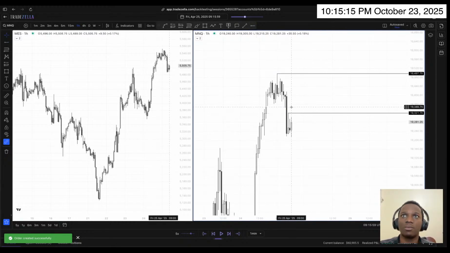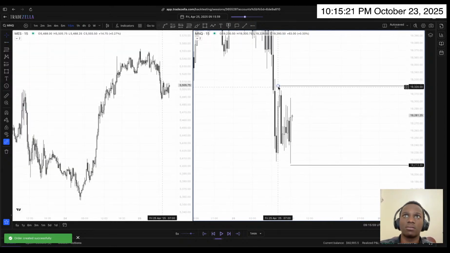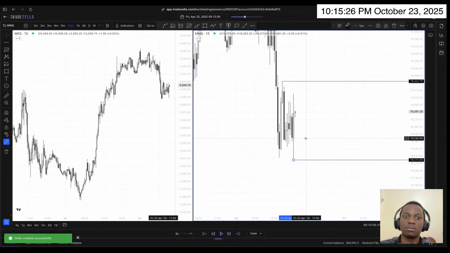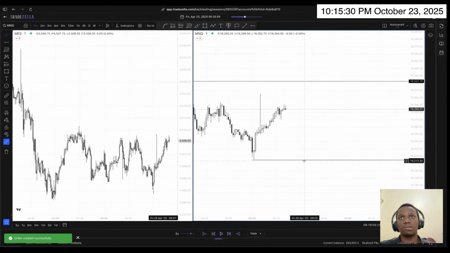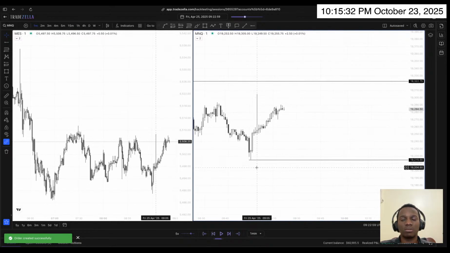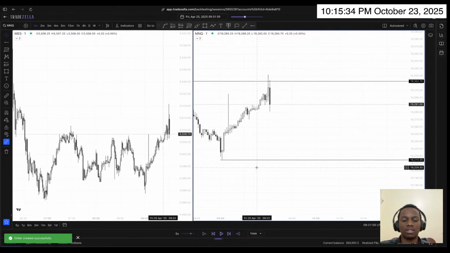One hour fair value gap that could make price go lower. Why am I saying us? Data highs, oh, not data highs, something at 9.